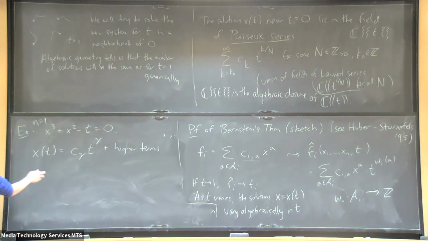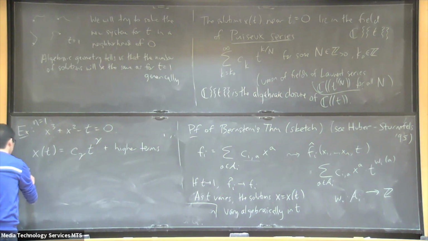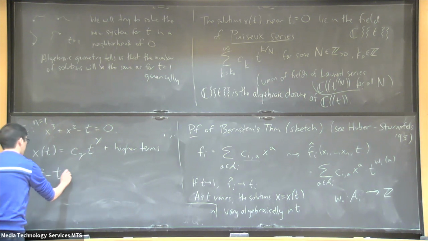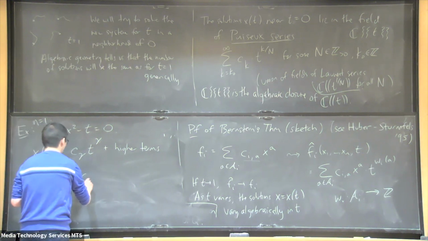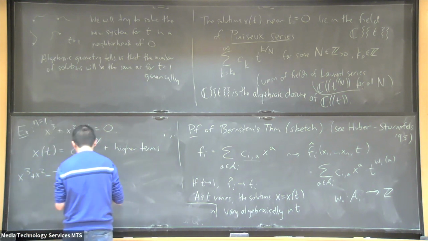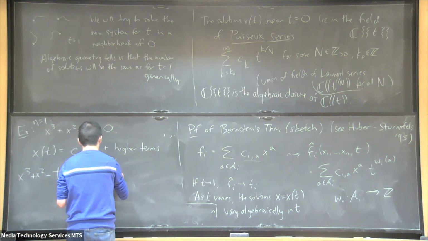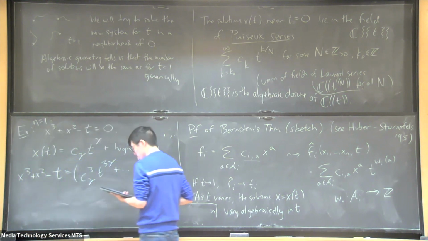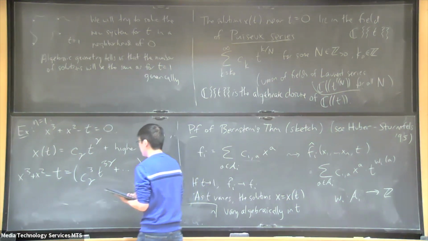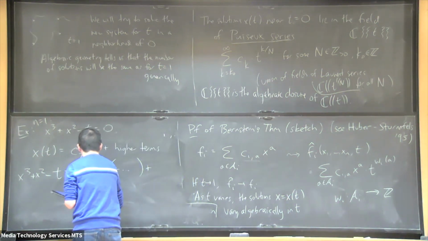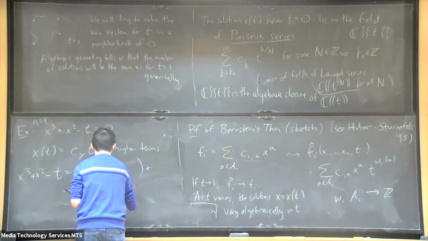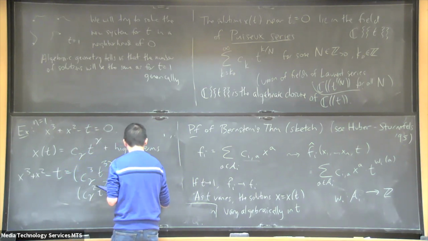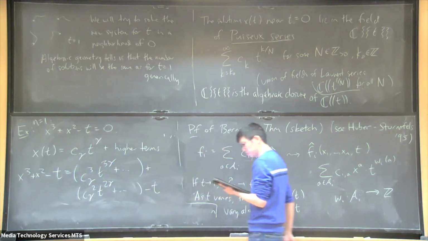So we want this to be a solution, so we'll plug this into the equation. What do I get? I'll get c gamma cubed t to the 3 gamma plus higher terms, plus c gamma squared t to the 2 gamma plus higher terms, minus t.